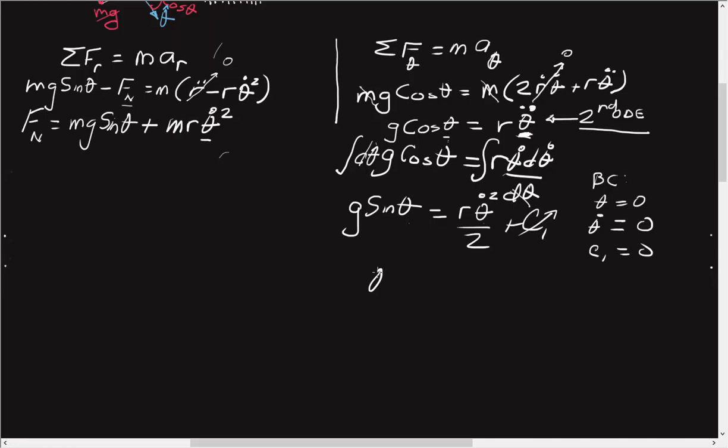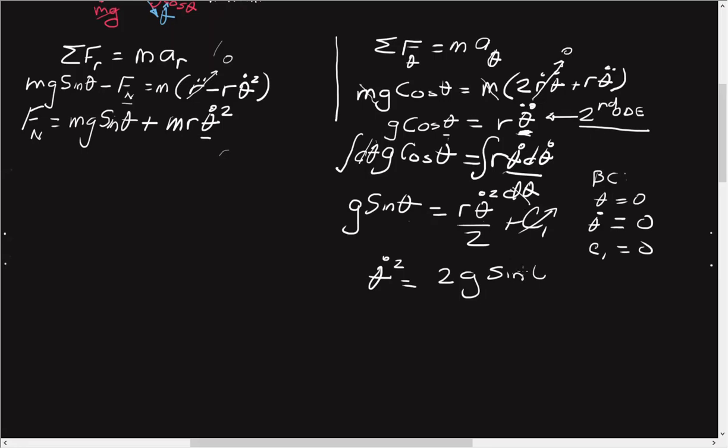So with that we have a value for theta dot squared of 2g sine theta on r, of which we can take the square root, and that's one of our answers.